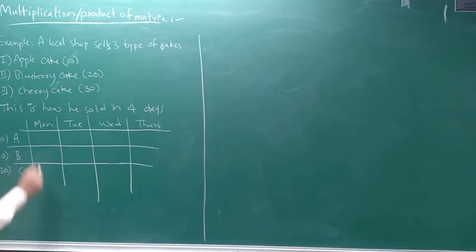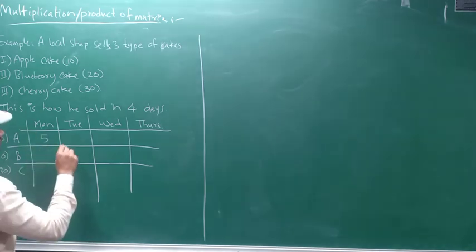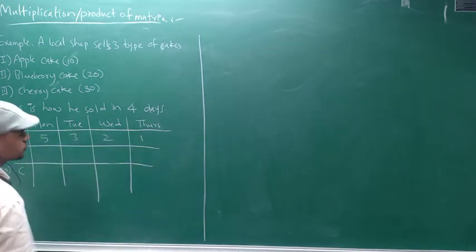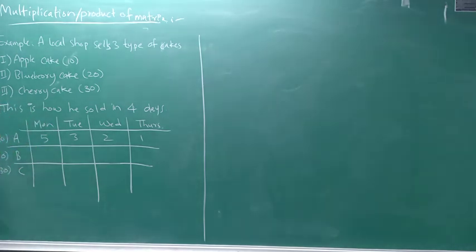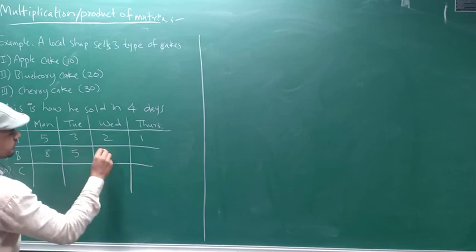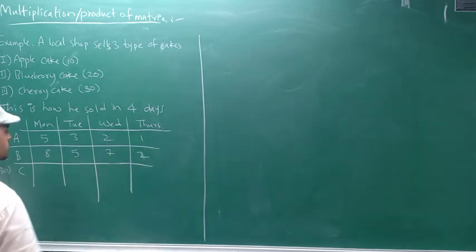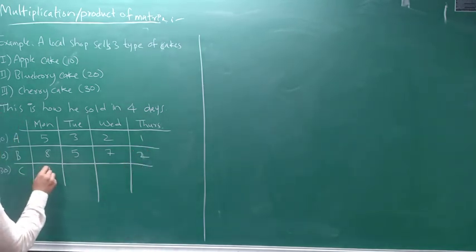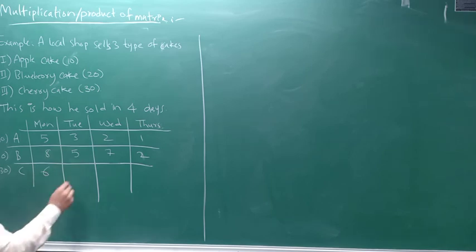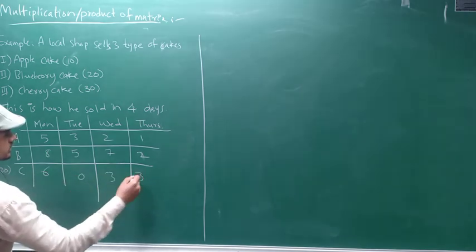So here he sold 5, 3, 2, 1, and 8, 5, 7, 2, and cherry cake he sold 6, 0, 3, 3.